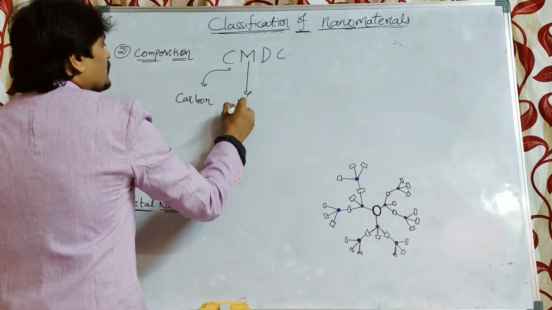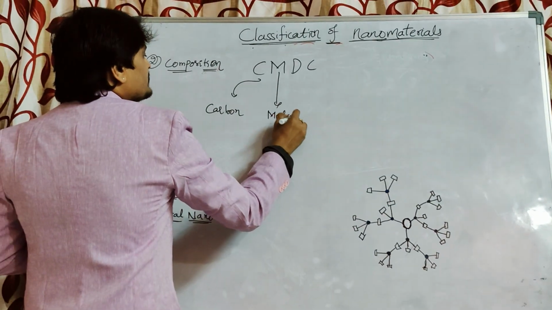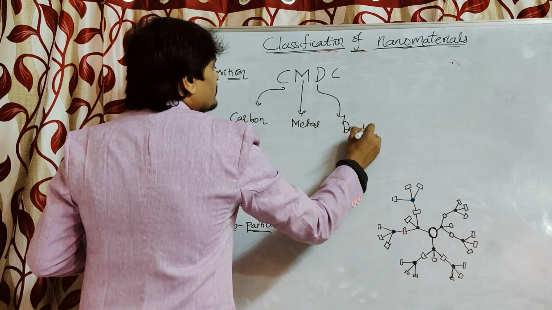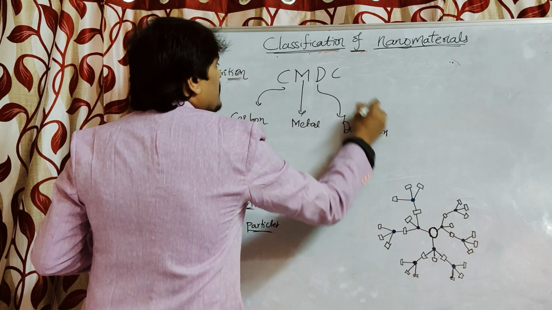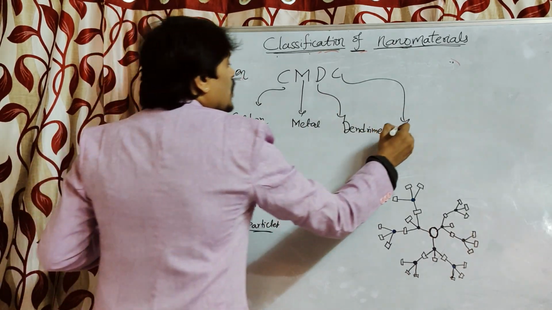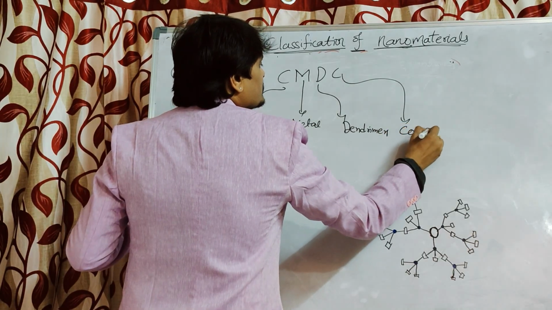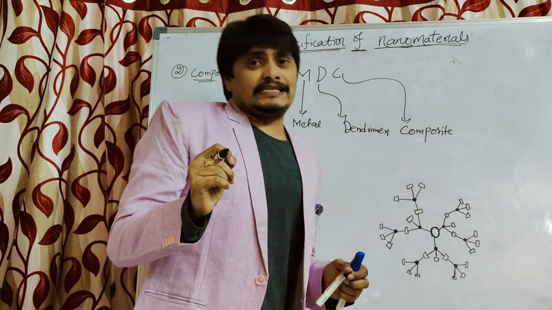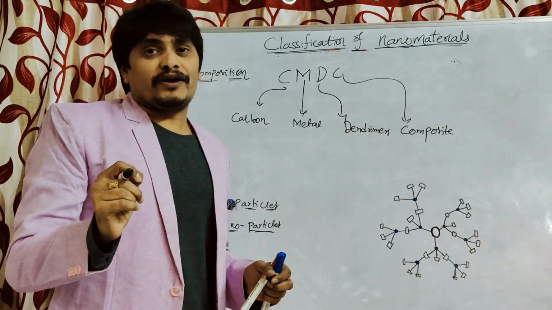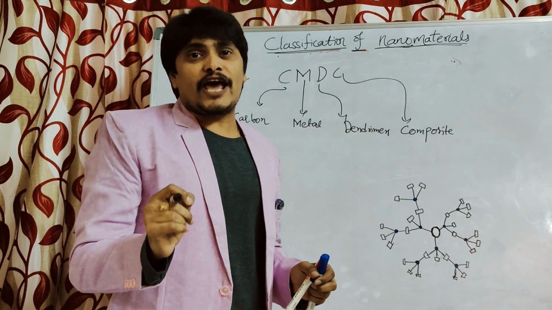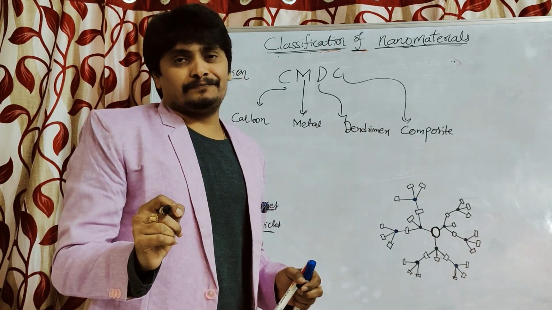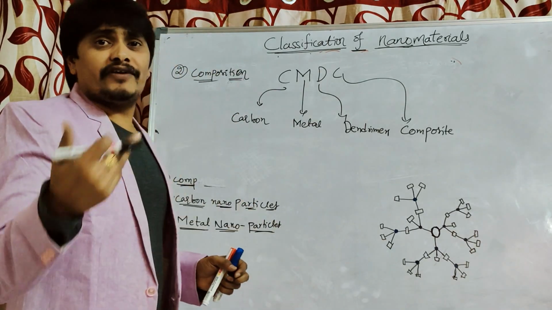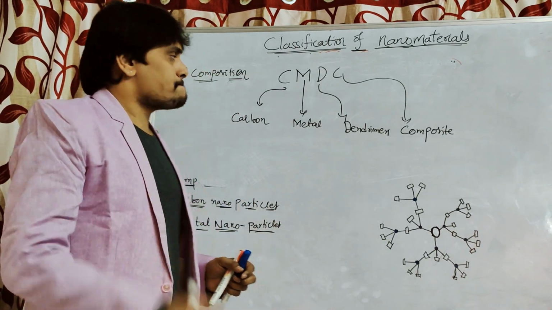M stands for metal-based nanomaterials. D stands for dendrimers. And another C stands for composite nanomaterials. Based upon this sentence you can remember the classes easily. If you like this sentence, please go with it, or else you can frame your own sentence.